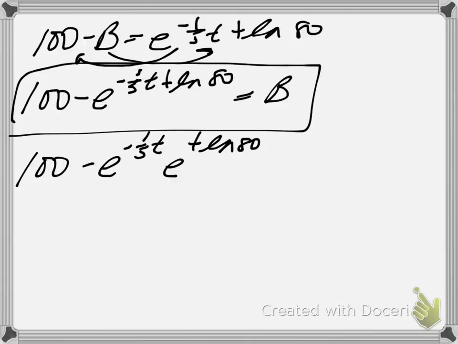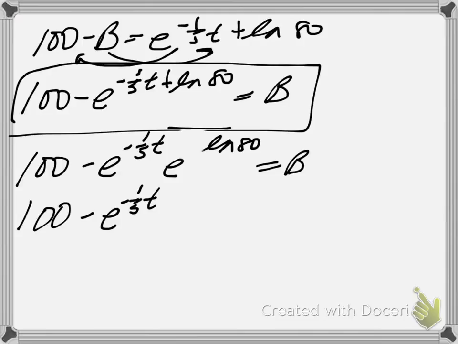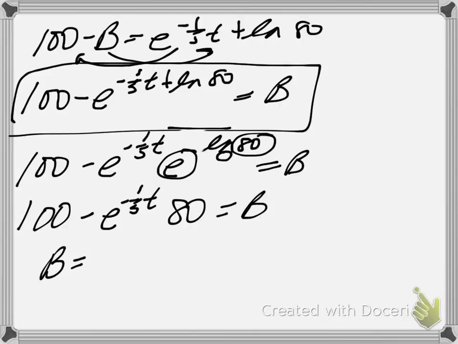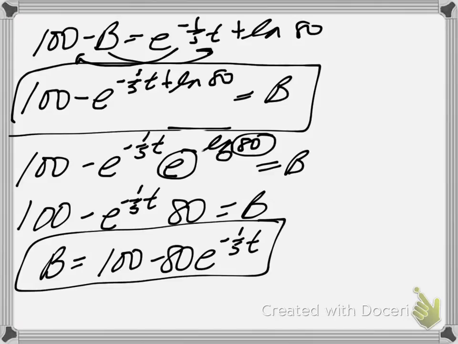I don't know why I got that. Oh, so I don't even need that for this part here. Okay, so you have that, and then equals b. And again, we have that rule. If you have a base of e here and a base of e here, the whole thing will just equal 80. And then just to make it look nicer, we can write it like this. And that's your final answer.